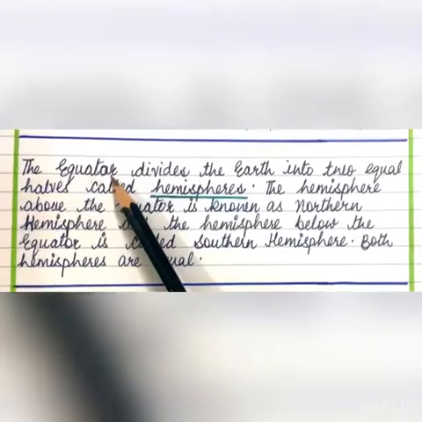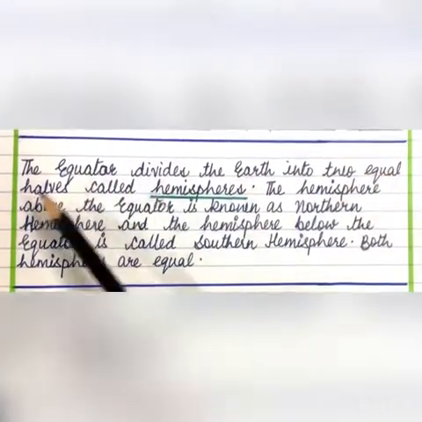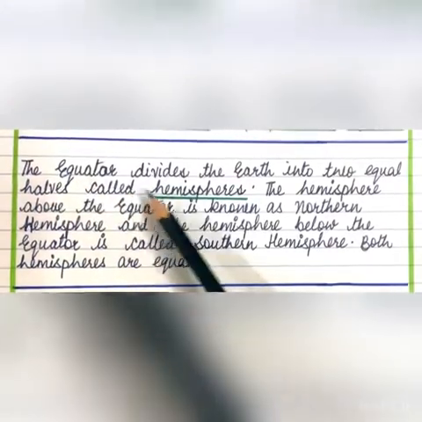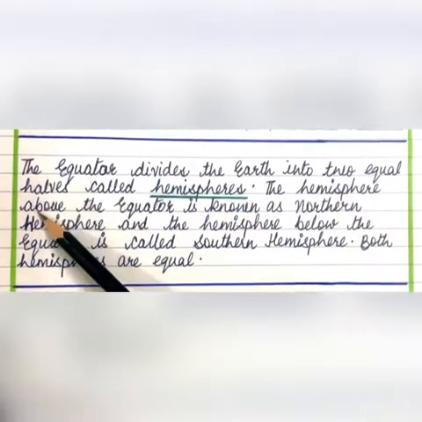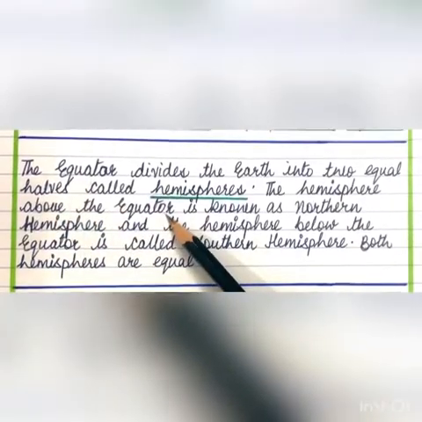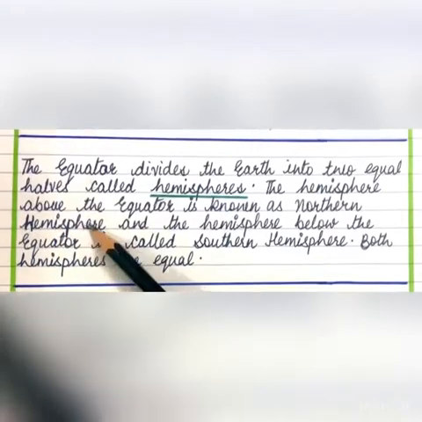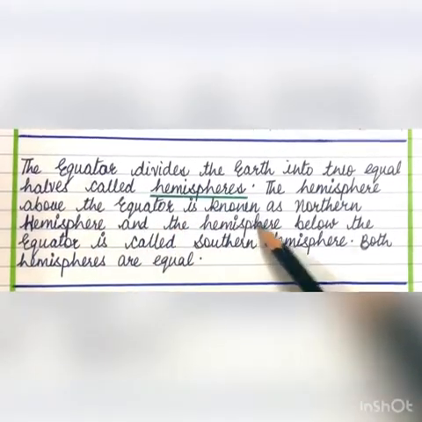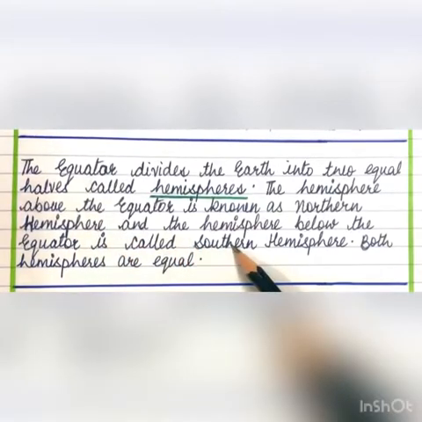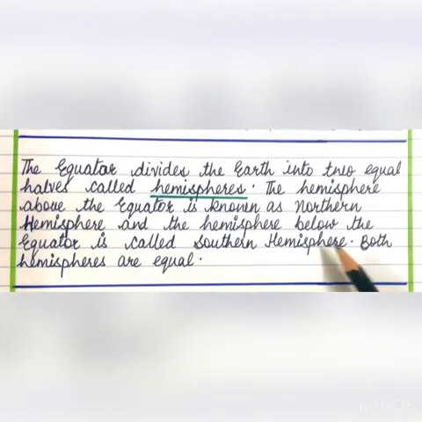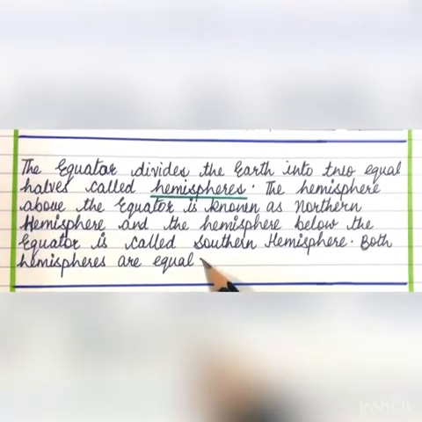The equator divides the earth into two equal halves called hemisphere. The hemisphere above the equator is known as northern hemisphere and the hemisphere below the equator is called southern hemisphere. Both hemispheres are equal.